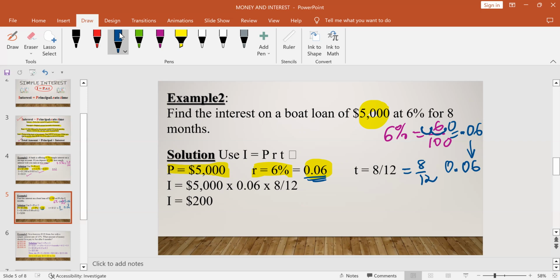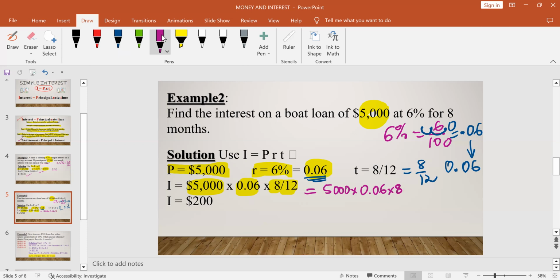Okay, now in the formula, I equals P multiplied by R multiplied by T, you just have 5,000 multiplied by 0.06 multiplied by 8 divided by 12. What we have here is the same as 5,000 multiplied by 0.06 multiplied by 8.